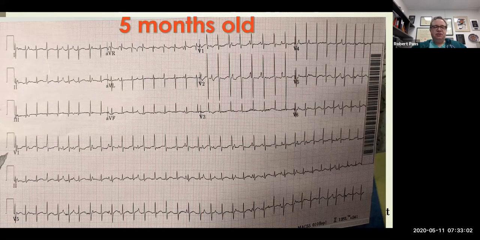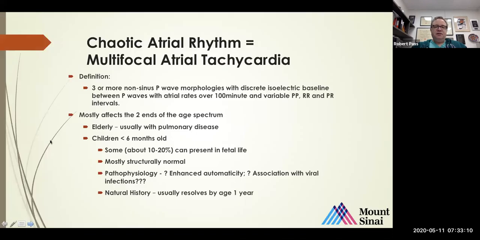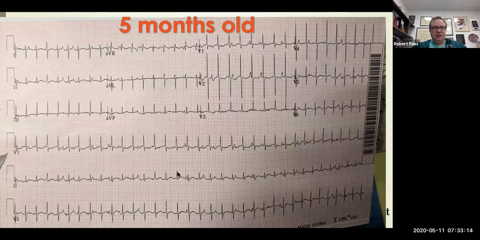So there is actually conduction. So I think that what we're looking at here is an example of chaotic atrial rhythm, and again, we're seeing multiple different P waves. You have to look at a number of these tracings, but there are a number of them here.